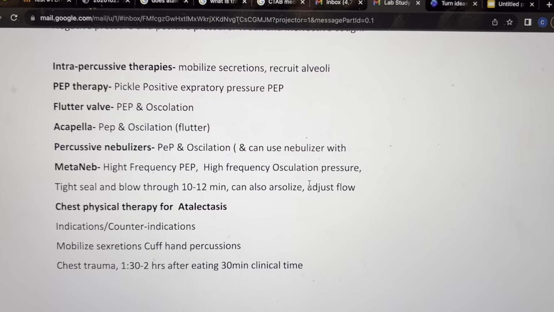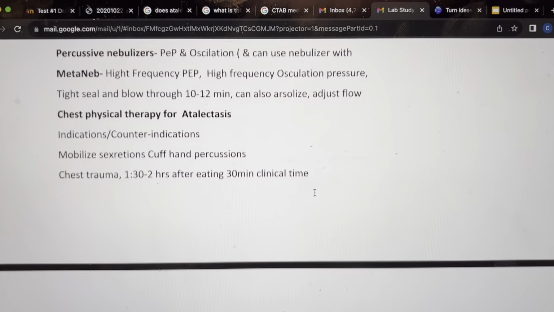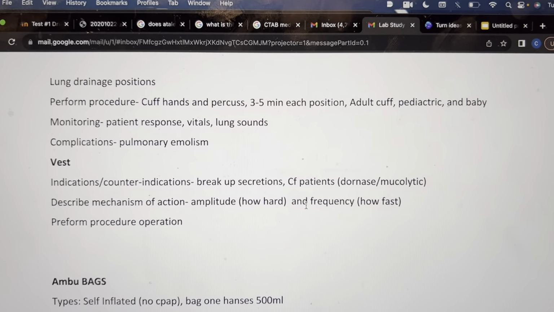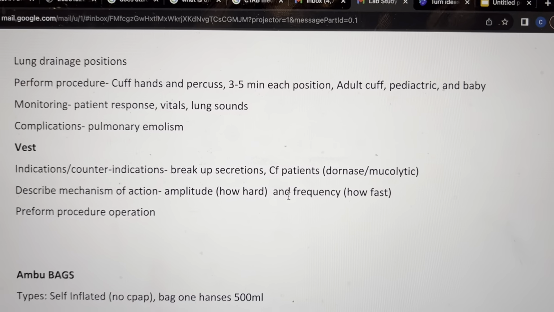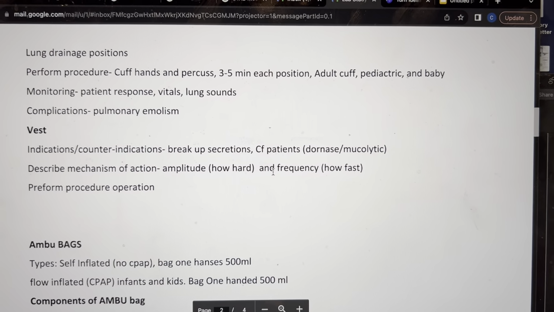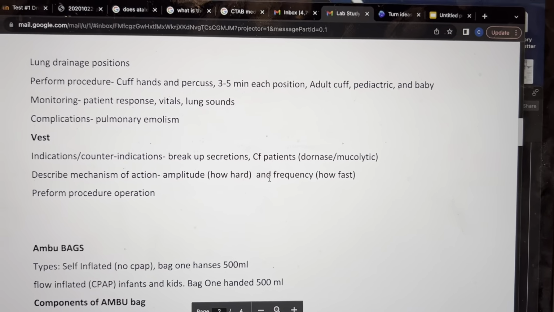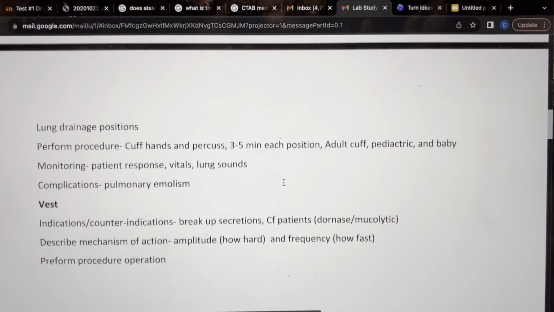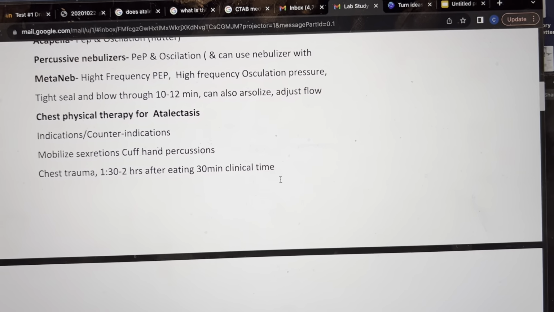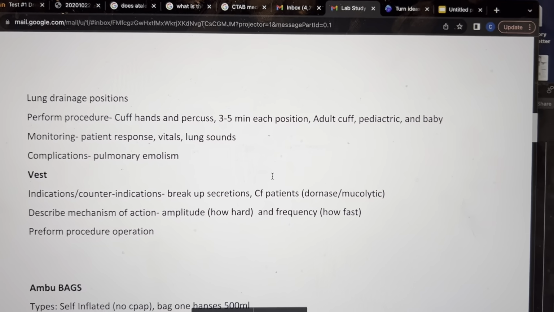Mobilize secretions, cough, chest physical therapy for atelectasis. So we went over the positions, postural drainage positions, how to perform the procedure: cup your hands and percuss. 3 to 5 minutes in each postural drainage position. Percussive therapies, chest physical therapy for atelectasis, takes 3 to 5 minutes.